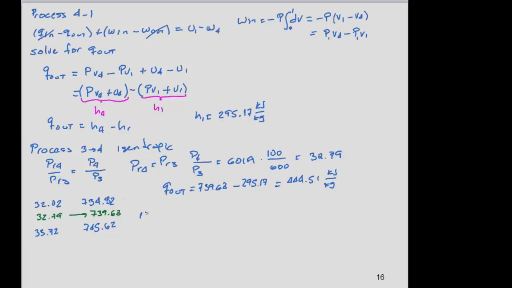Now we can get the net work, and net work will be 853.33 minus 444.51, so that will be 408.82.